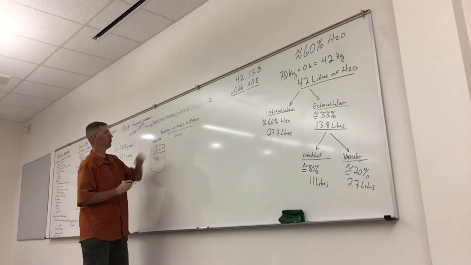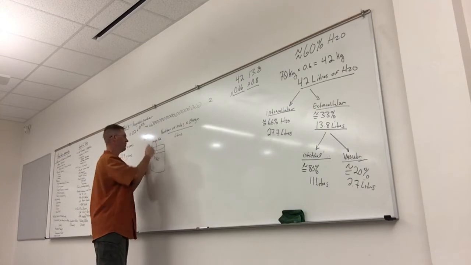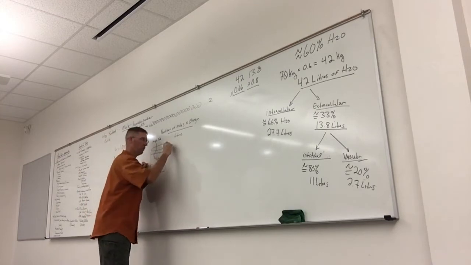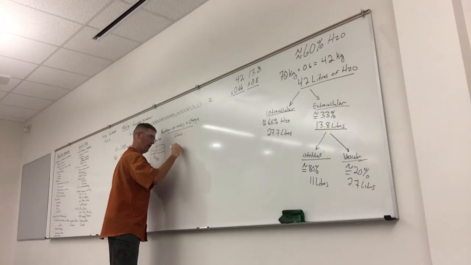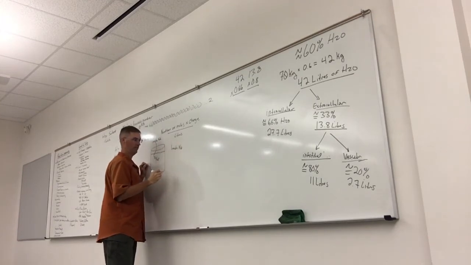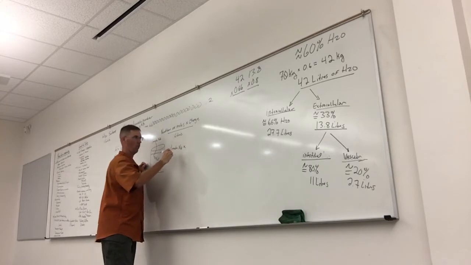So let's go to our formula. How many moles of sodium did I put in here? 1 mole. So 1 mole of sodium. And what's the charge on sodium? Positive what?